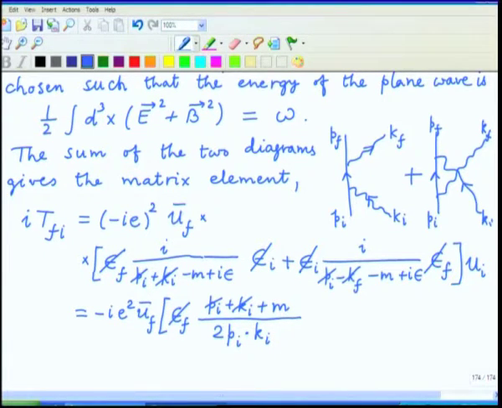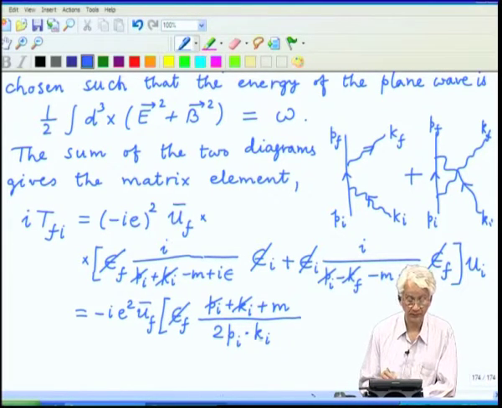Everything else is gone from the whole gamma matrix algebra, and then the epsilon i slash remains.